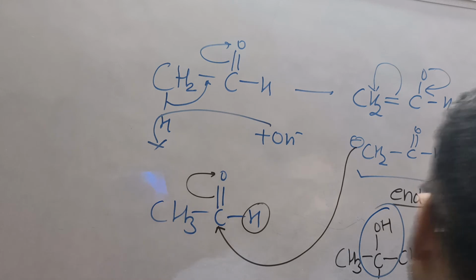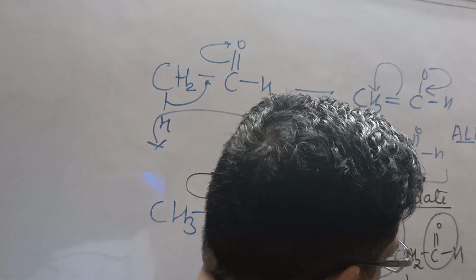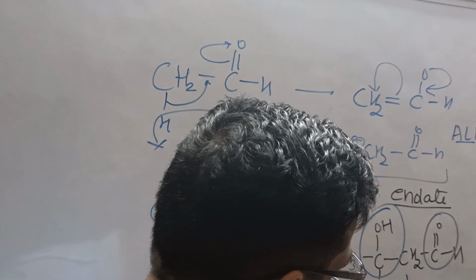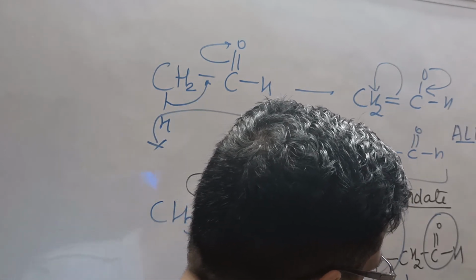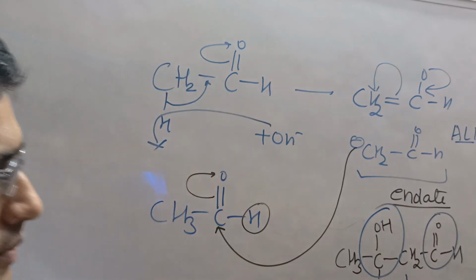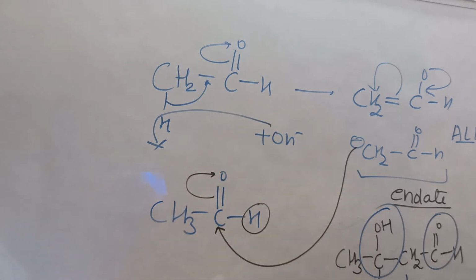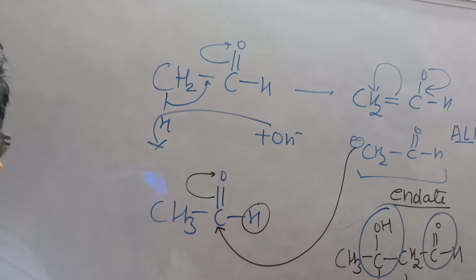If we heat it, we will get CH3, CH, double bond CH, CHO. This is but-2-enal. So the mechanism of aldol condensation involves basically two steps.